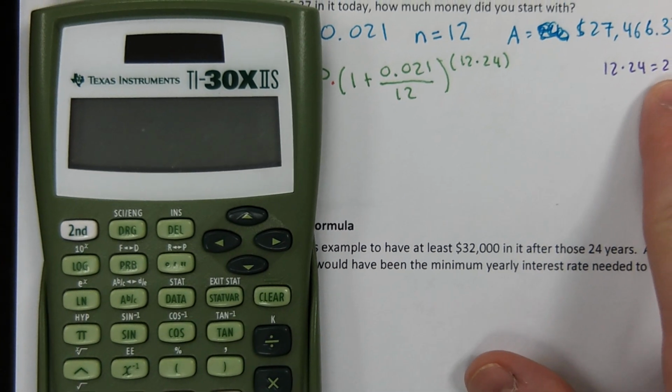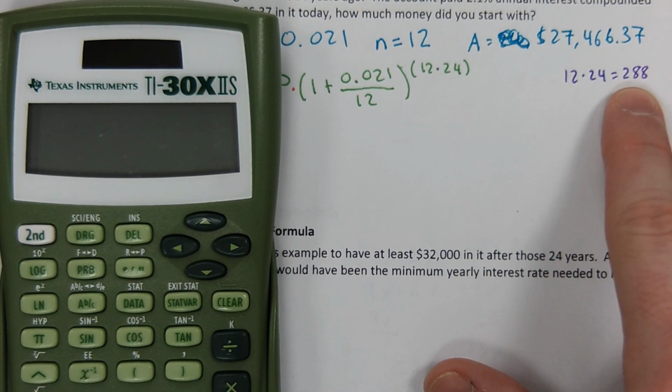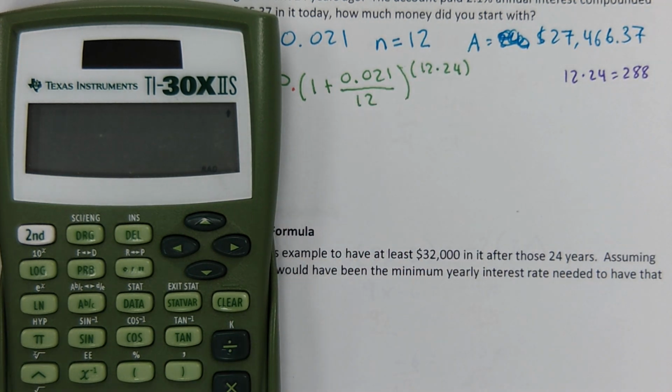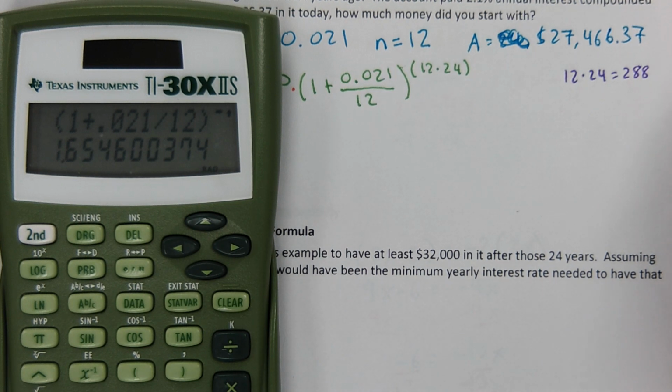The reason why I told you this is for those of you that are using the battery operated calculator, so you could just use the exponent as 288. Let's figure out what this part of the equation is. Oof. Okay. Yeah, that decimal doesn't ever stop.